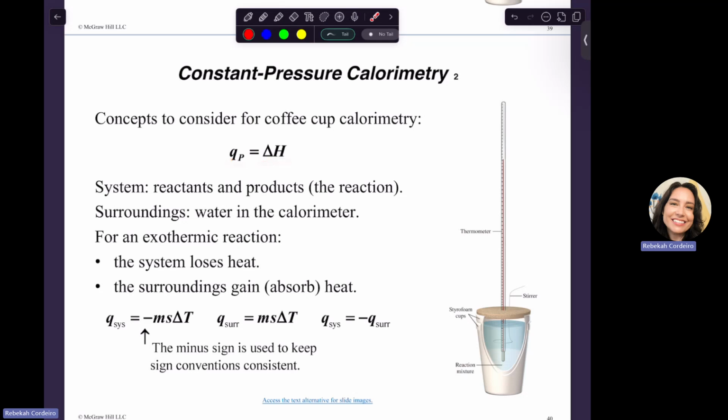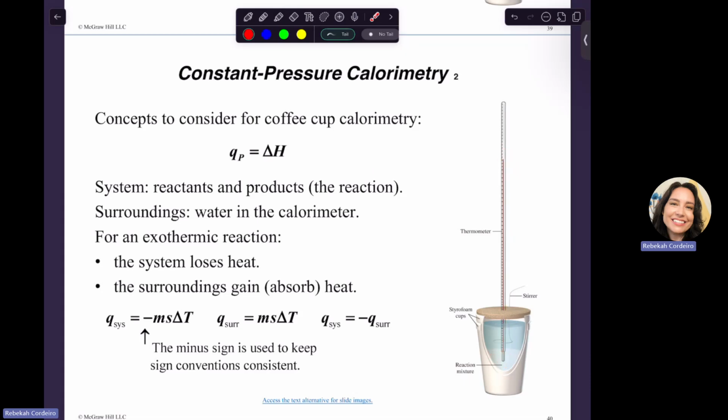The system is the reaction, the surroundings is the water in the calorimeter, and the thermometer is part of the surroundings. So in an exothermic reaction, the system loses heat, so the thermometer and the water get hotter. So if we see the thermometer go up, that means that the reaction was exothermic.